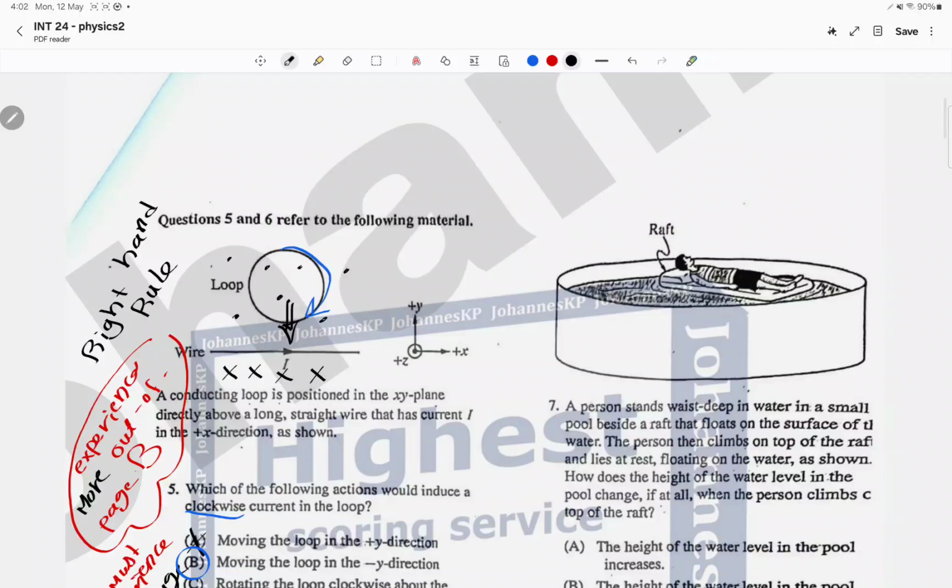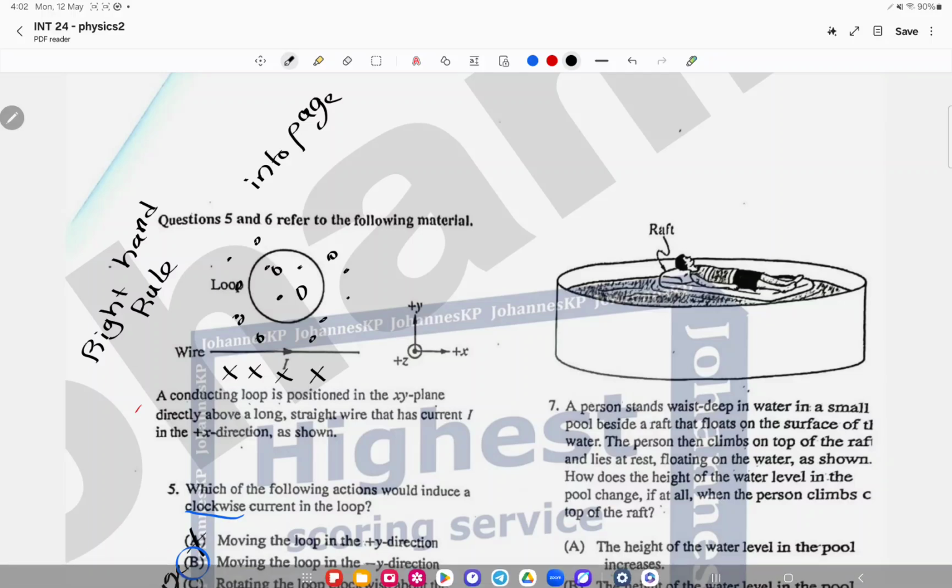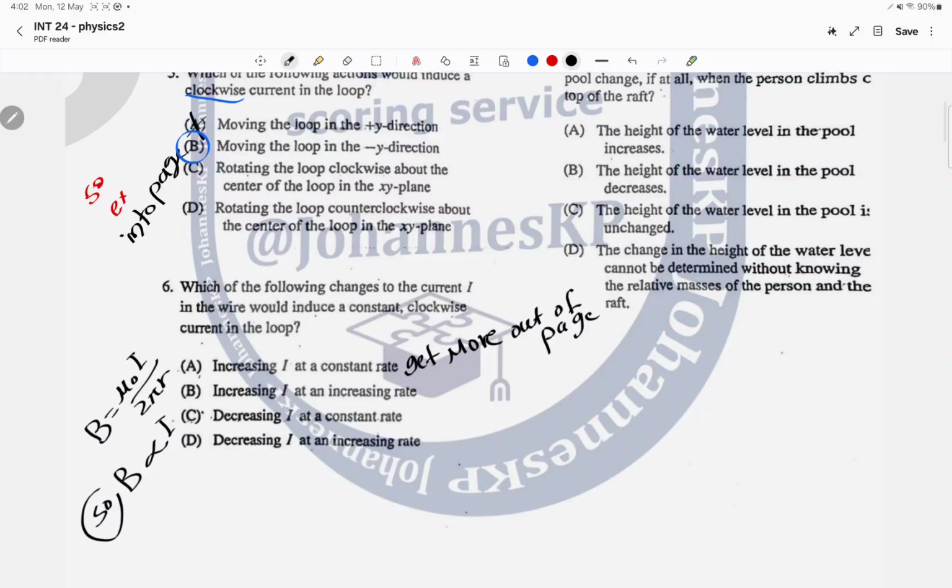But Lenz says, wait a minute. If you're getting more out of the page, I'm not okay with that. We have to now get less of it. So now we have to get into the page. So now I want you to use your right hand and point that thumb into the page and curl. And it's going to be a clockwise current, wouldn't it?